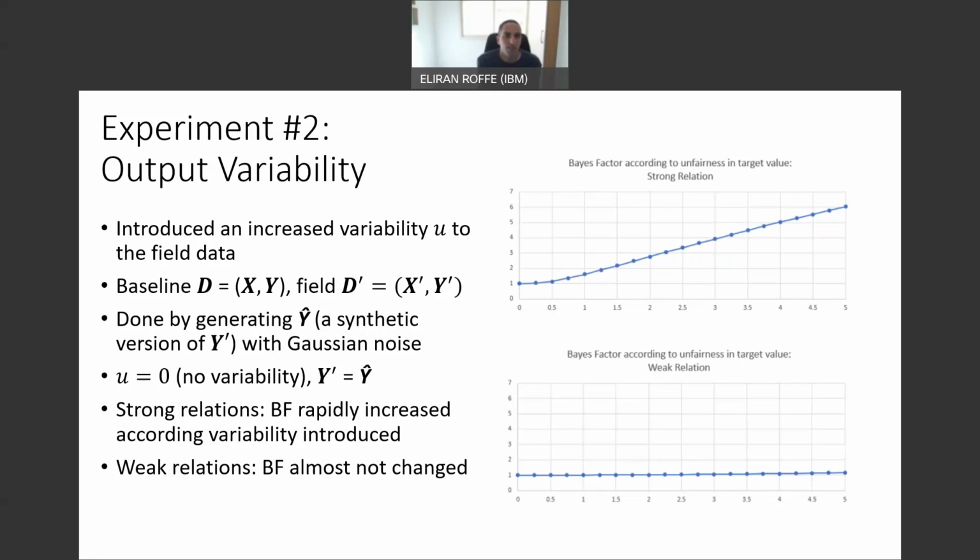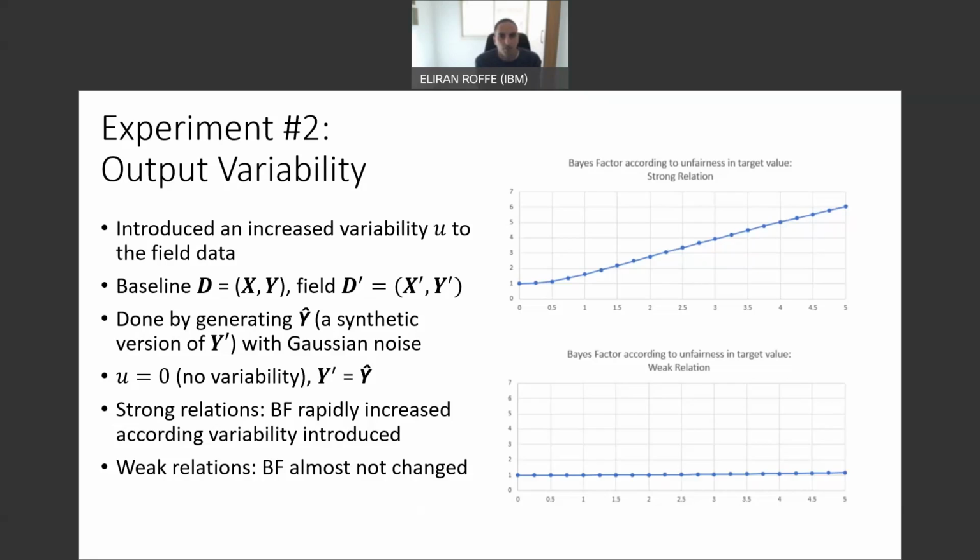When there is no variability, it means that the output was not changed, and you can see that the base factor was very close to 1. But when we started to add some variability, which we call Y hat in this case, you can see that the strong relations had a significant increase in their base factor.